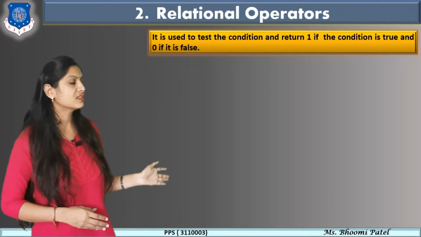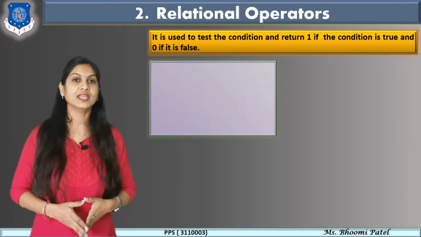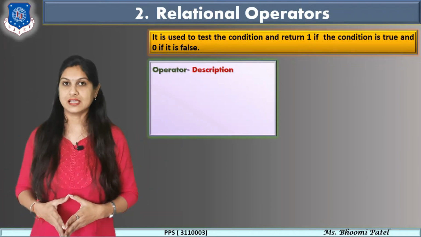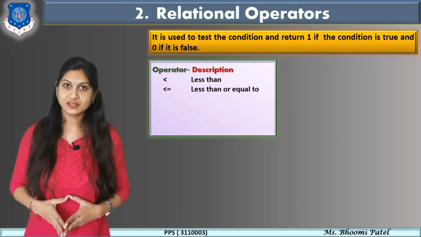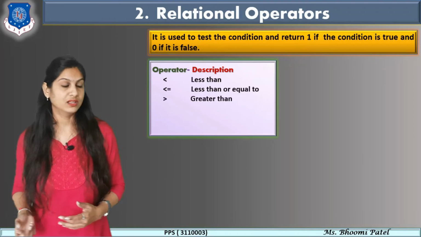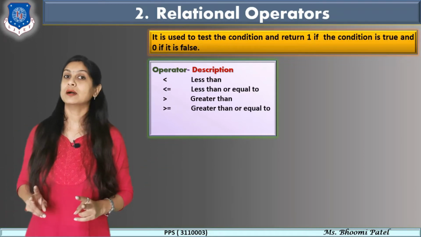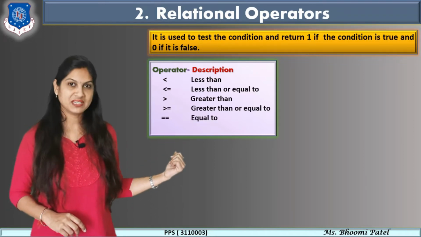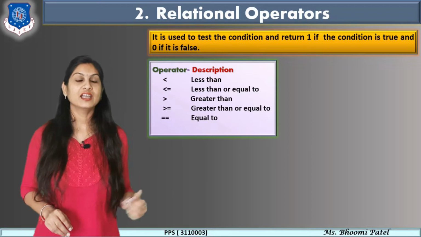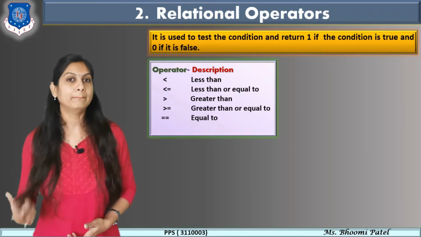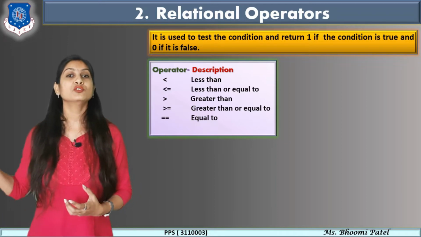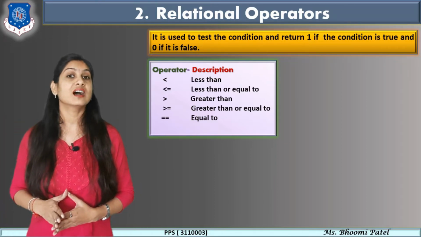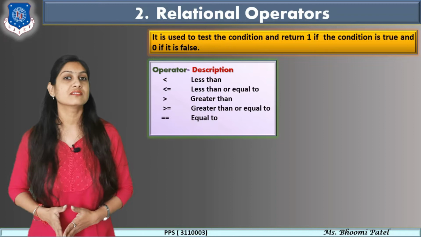Here I mentioned the symbols and their meanings. The first symbol is less than, then less than or equal, then greater than or equal, and next is double equal. This is not a mistake. Double equal is for comparison, but if you put a single equal it is a different operator, the assignment operator, which assigns a value.